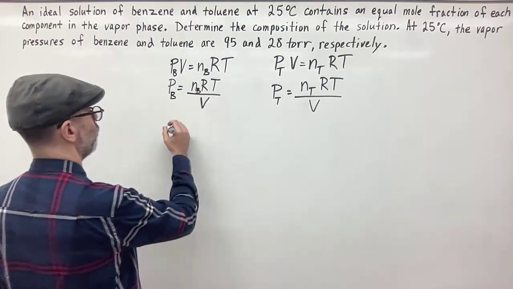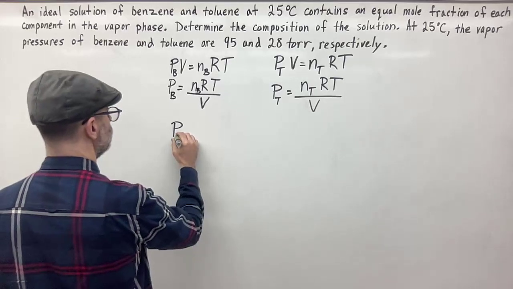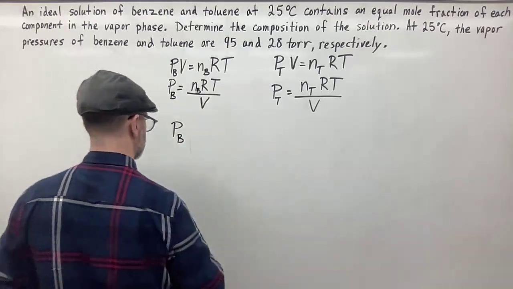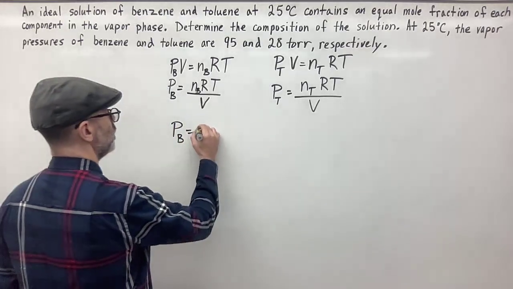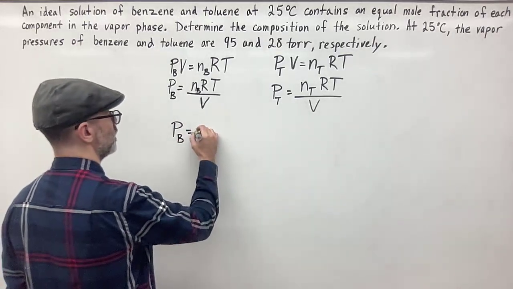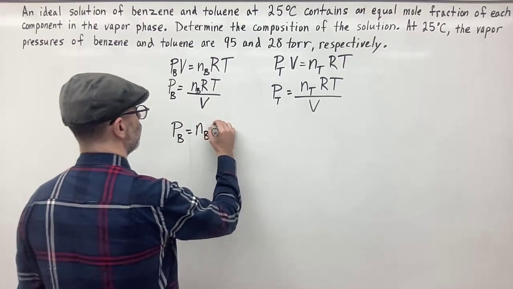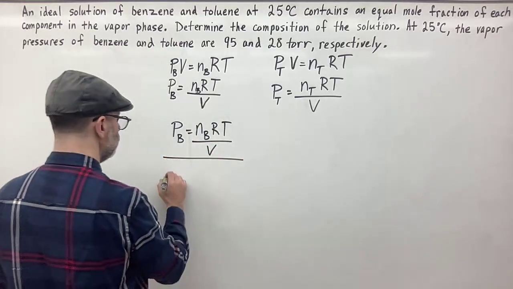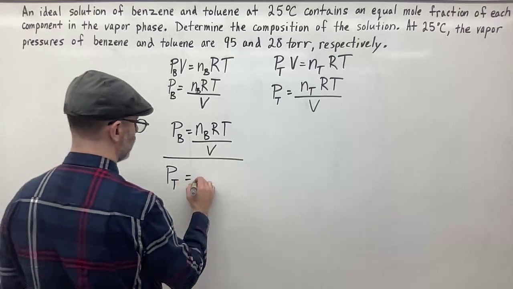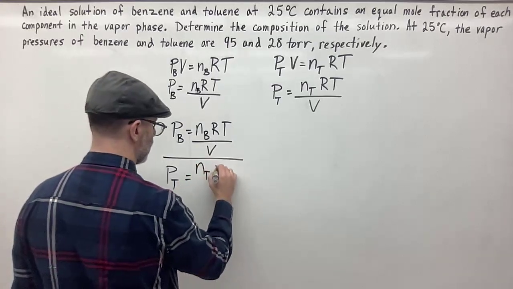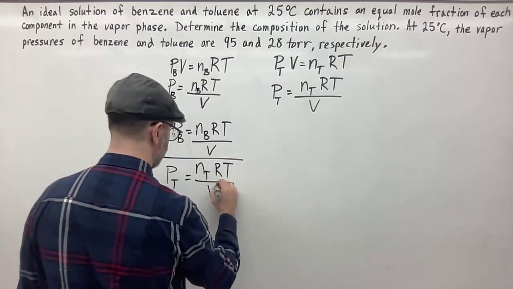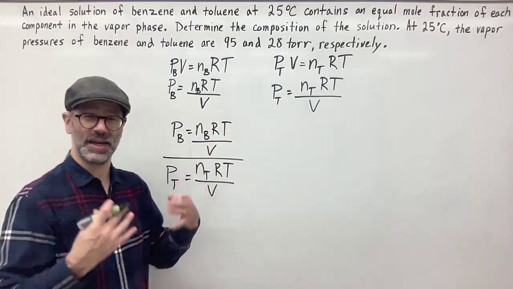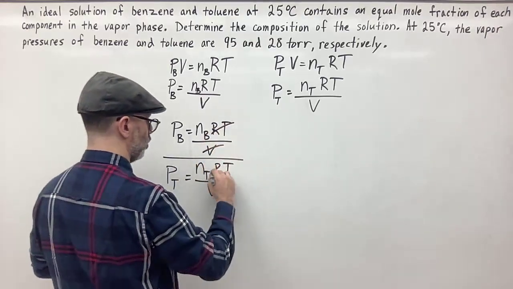So PB, the partial pressure of benzene, is equal to n, the moles of benzene, times RT over V. If we divide these two, we'll get the partial pressure of toluene is equal to the moles of toluene times RT over V. And since the R, the temperature, and the volume are the same for both partial pressures, since it's a mixture in the same container, these will cancel out.